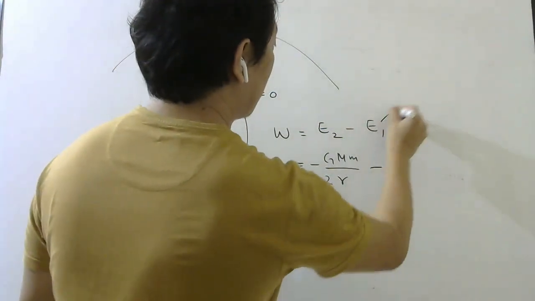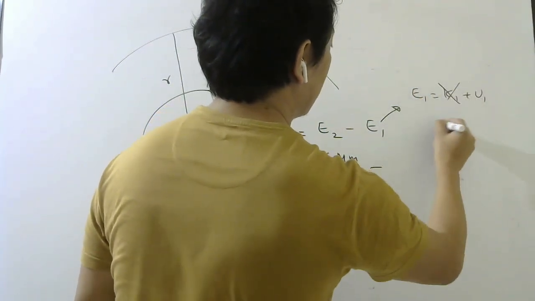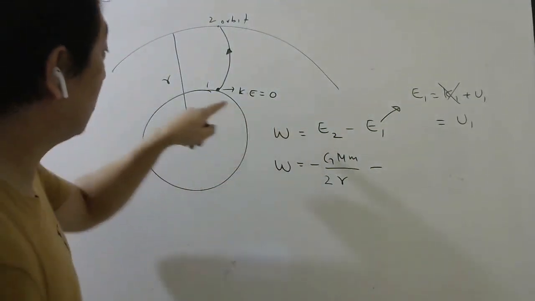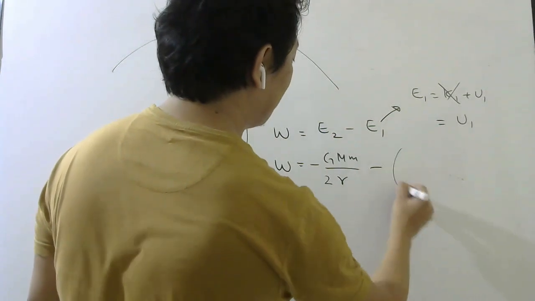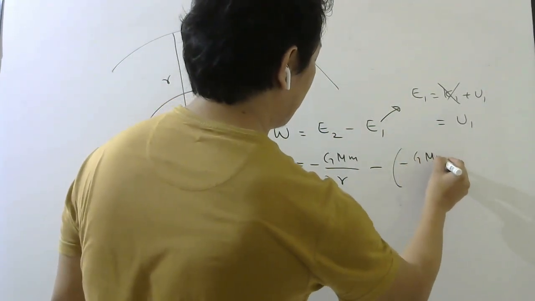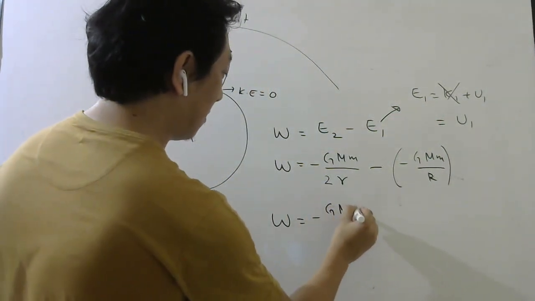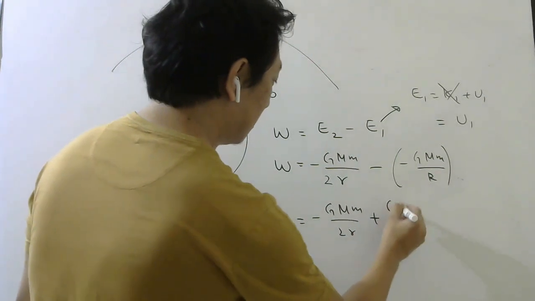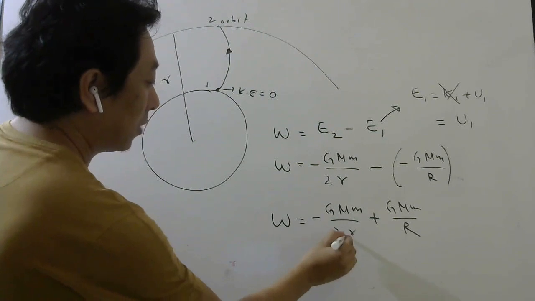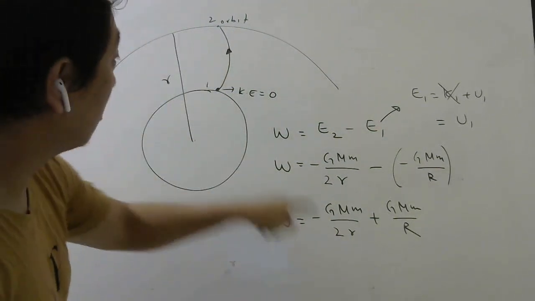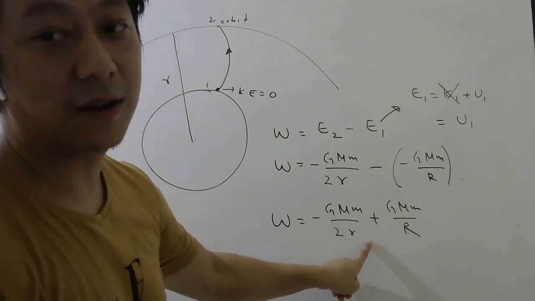And here there is no kinetic energy, so E1 is K1 plus U1, but there is no K1, so only U1 for this point, which will be minus GMm by capital R. So work required will be minus GMm by 2r plus GMm by capital R. So if you want to put it in an orbit whose radius is, let's say, twice the radius of Earth, then you put here 2R and then solve.